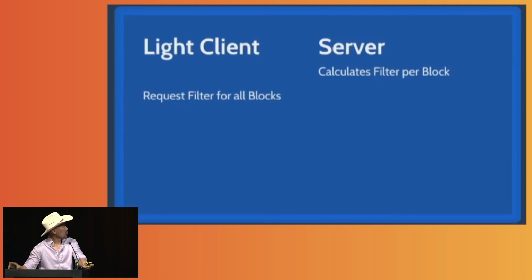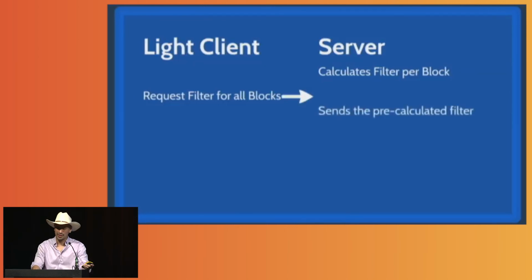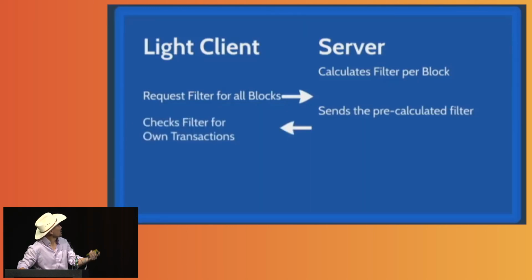And the light client requests a filter for any of the blocks that it gets. When it requests it, the server already has that filter calculated, so it can just send it back. There's no additional calculation required from the server. The light client at that point checks the filter to see if any of its own script pub keys match it.